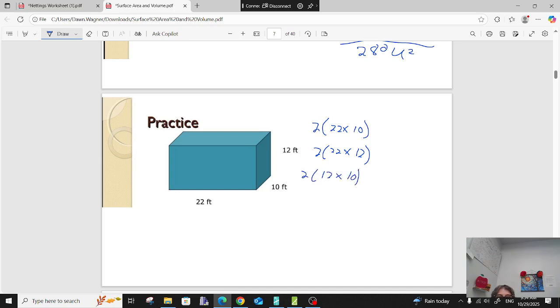See how it's all the different combinations that you can get? That's how you do it. It gets a little trickier if one of the sides is the same. And of course, if you did all that, you got 1,208 feet squared.